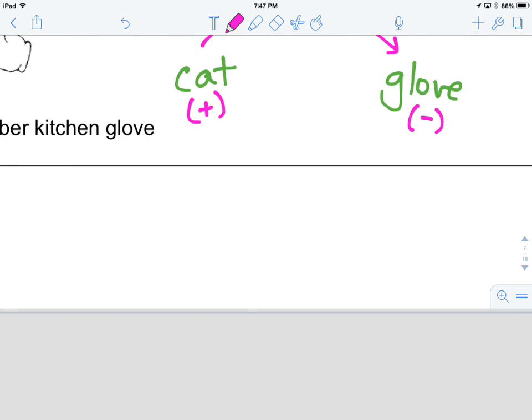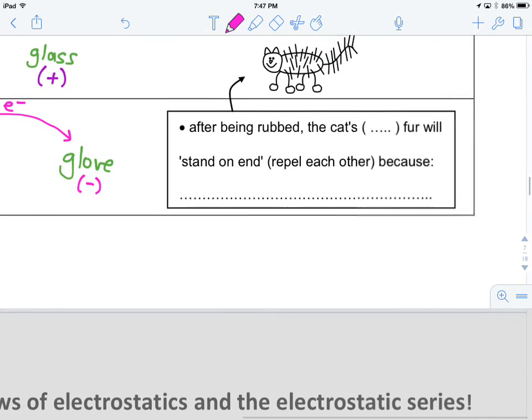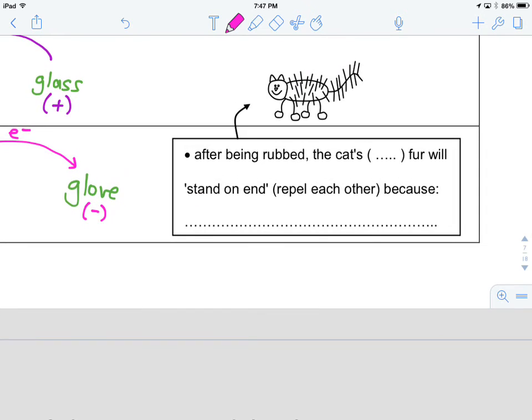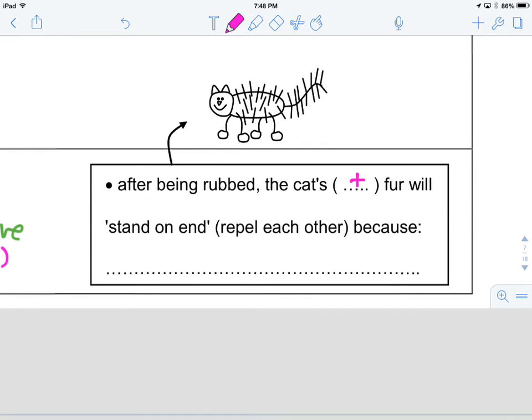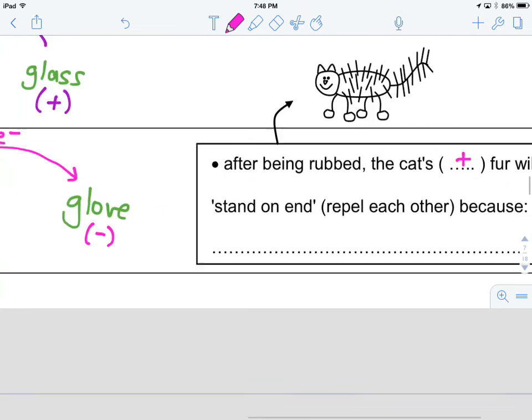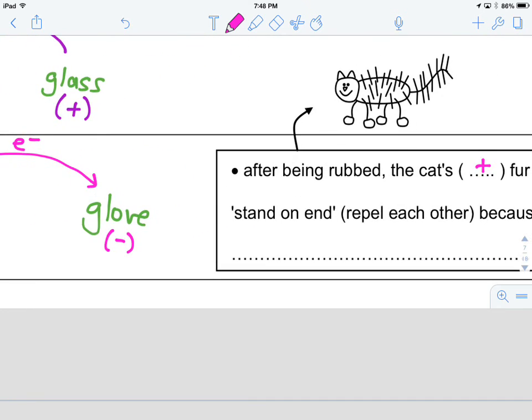And that's exactly what we have. So after being, we'll fill in this last little bit, after being rubbed, the cat's fur, which is now, of course, charged positive, will stand on end. And it will repel each other because it's lost a whole bunch of electrons, and all the fur here is all positively charged.